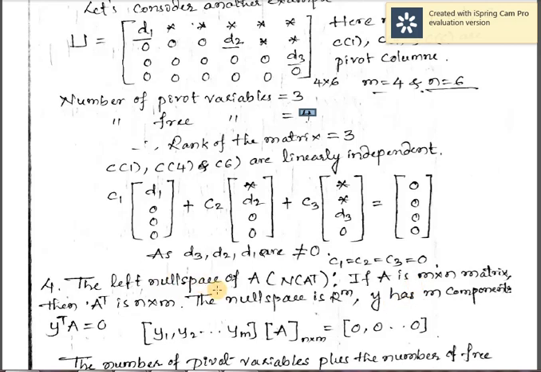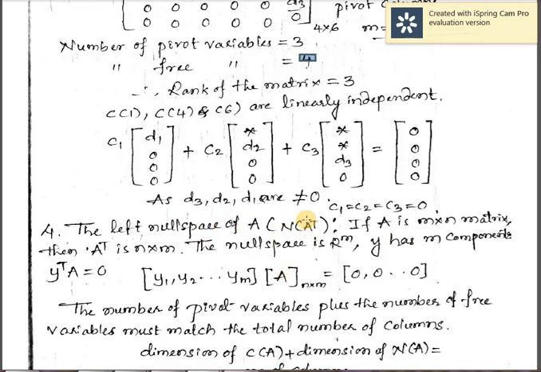Then the left null space of A, that is the null space of A transpose. If A is an M into N matrix, then A transpose is N into M. The null space is of R raised to M. So Y has M components. Y transpose of A is also equal to 0.